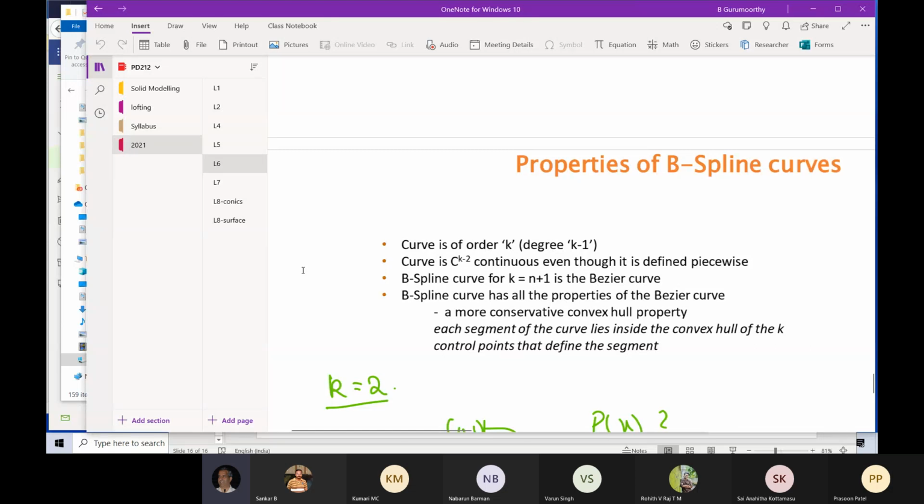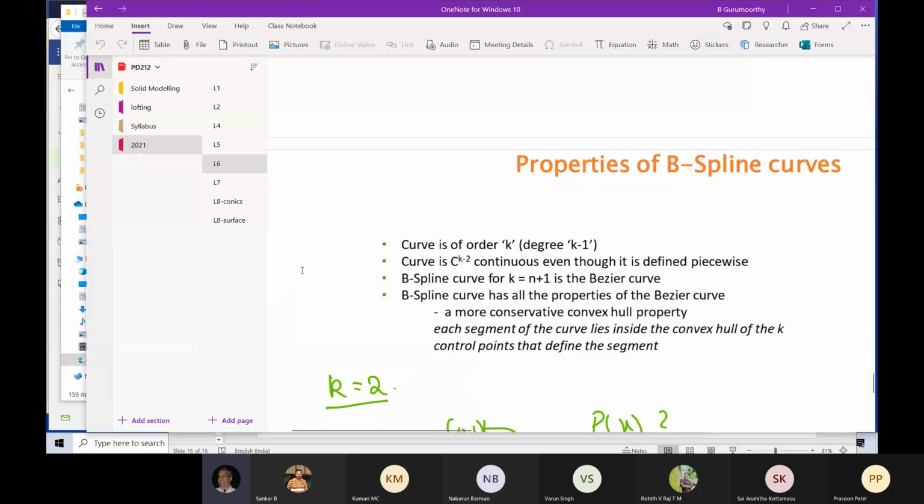So if you have a quadratic curve, then I get tangent continuity guaranteed at the junctions, the knot points. And if I have cubic, I'm guaranteed to get curvature continuity at these knot points. That's a remarkable thing to have: while it is defined piecewise, you still have the continuity you want.